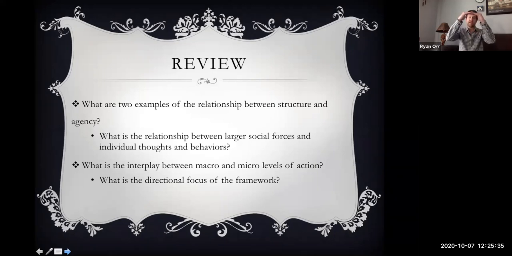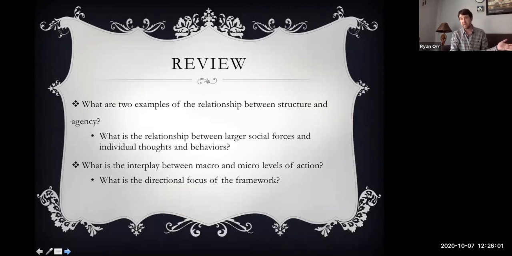Is that framework taking a top-down focus, how culture provides you the rules of the game, and that shapes how you play the game? Or is it focusing more on a micro level from the bottom up, how people are aware and recognize the culture, and how that shapes how they play the culture as a whole? So, it's not going to be one or the other. There's this interplay between the 2.